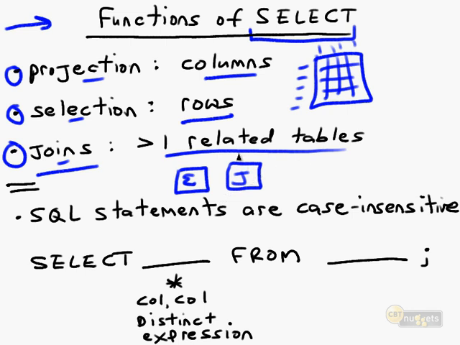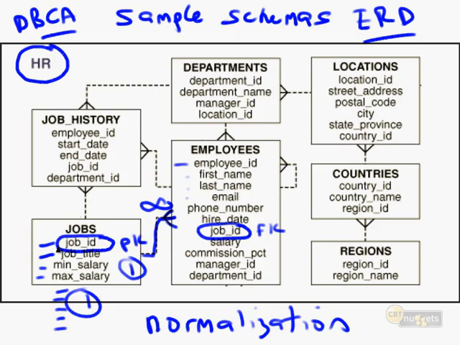Well, you'll remember the way the one-to-many relationship worked. Let me go back to the ERD for a moment. Our jobs table actually contains not the job ID only, but also the job title. If we were constrained to running selects against just a single table, and let's say we wanted to pull the employee ID, first name, last name, and we wanted the name of the job that each employee was attached to.